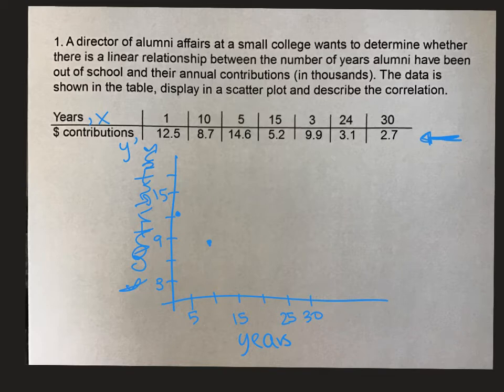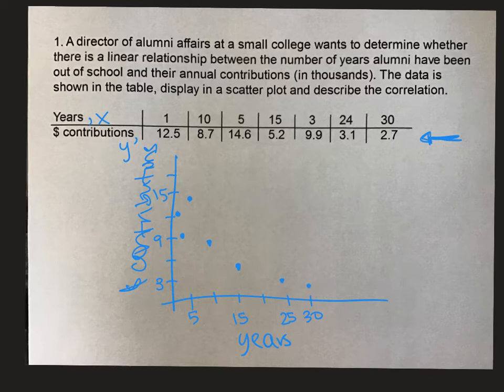We're just looking for like general area. 5 years was 14.6. 15 was 5.2. 3, 9.9. 24 and 3.1, and 30 and 2.7.